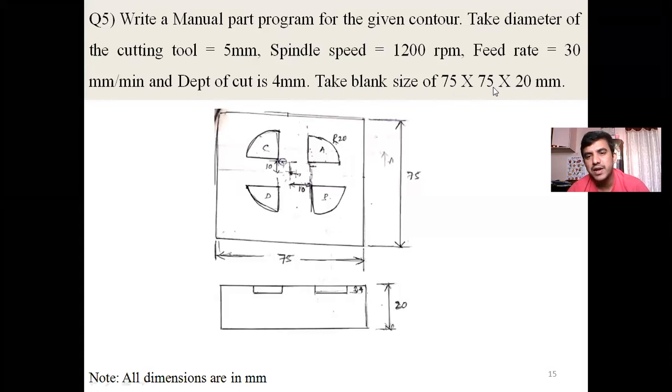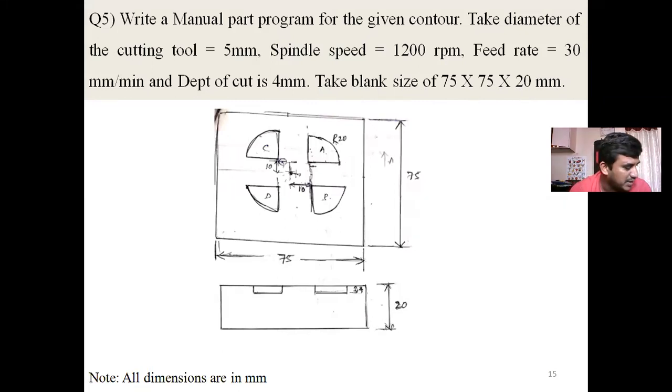Length is 75, height is also 75, and thickness is 20 mm. Now see the contour, both the front view and top view. Now tell me what type of contour it is. Yes, can anyone guess?